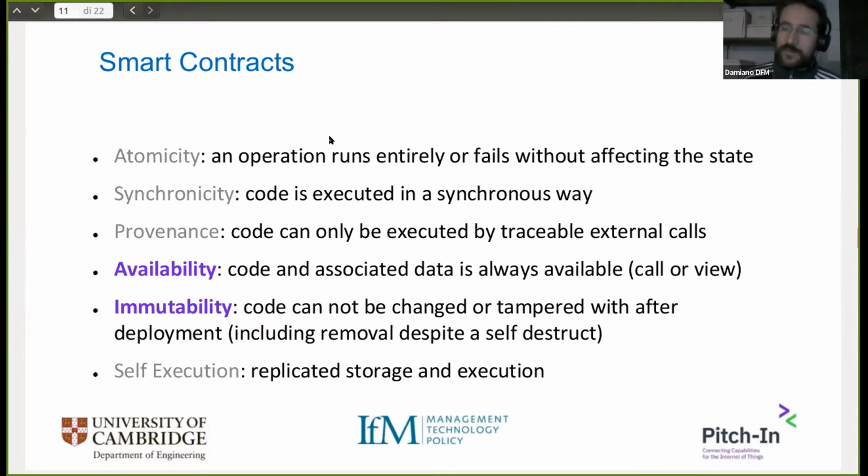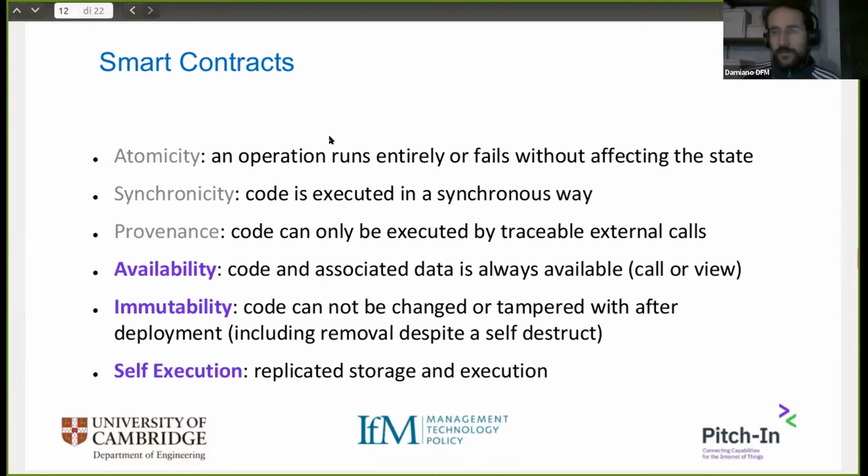It is immutable, which means that even if I deployed the smart contract and I am the owner of the contract, I cannot go and change it as I like. The contract is beyond my control, and it is self-executing, which means that if I'm the one that deploys the contract, it has a life of its own, is not executed by me, and so I cannot influence its own execution.